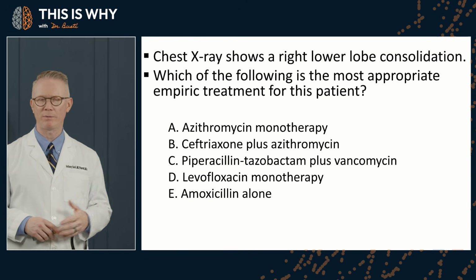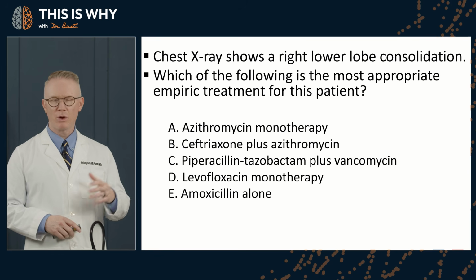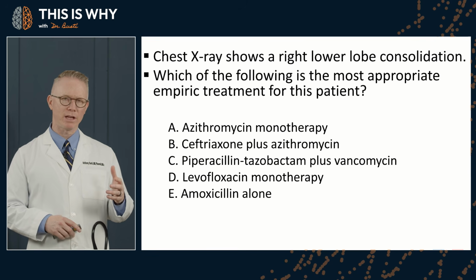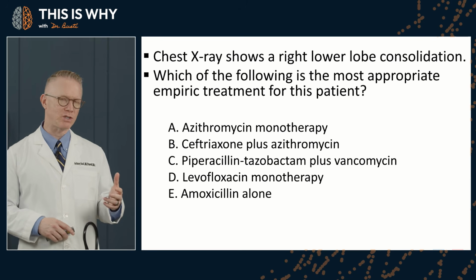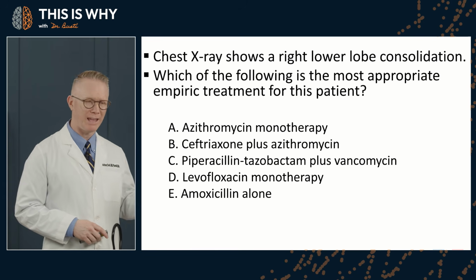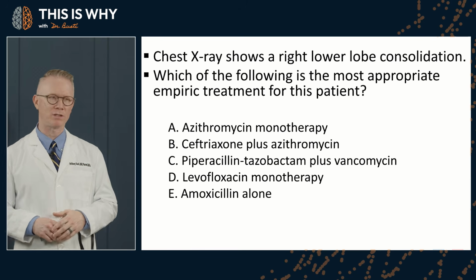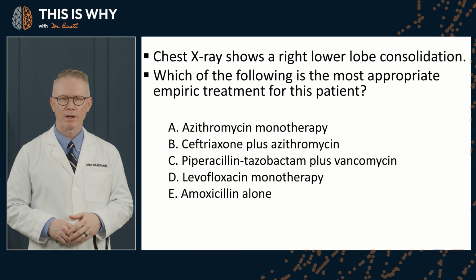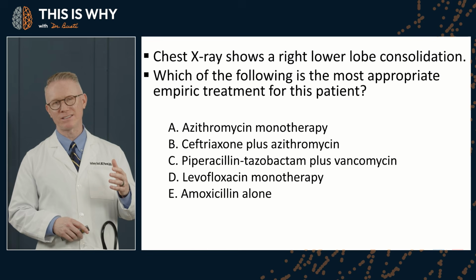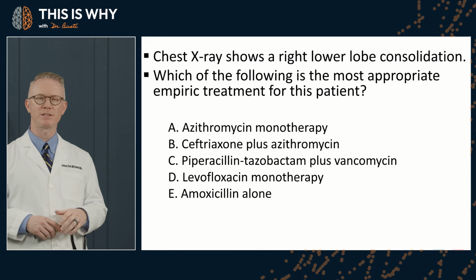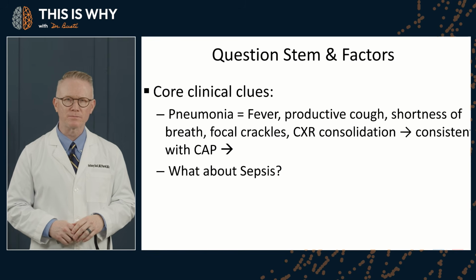I think most of you probably got that right. The question that you need to answer now is really, am I treating this patient for community-acquired pneumonia in the inpatient or outpatient environment? Okay? And the best answer here is ceftriaxone plus azithromycin.